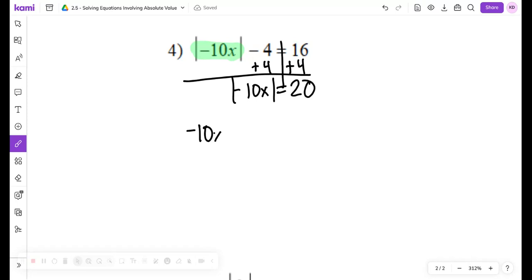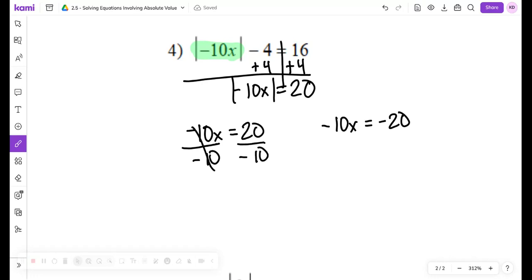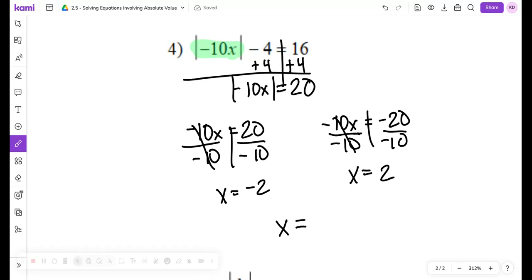My two equations, negative 10x equals 20. Negative 10x equals negative 20. Divide both sides by negative 10. X equals negative 2. Divide both sides by negative 10. On that side, x equals positive 2. So my solution set, x equals the set of numbers, negative 2, comma 2.